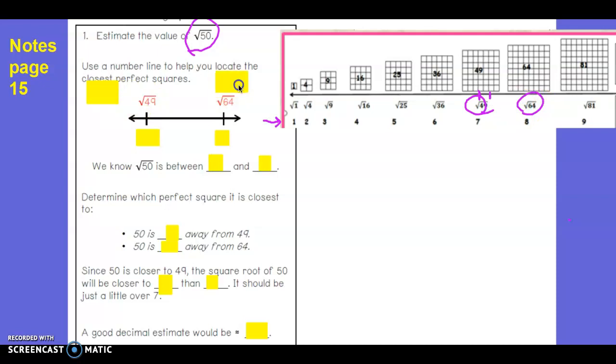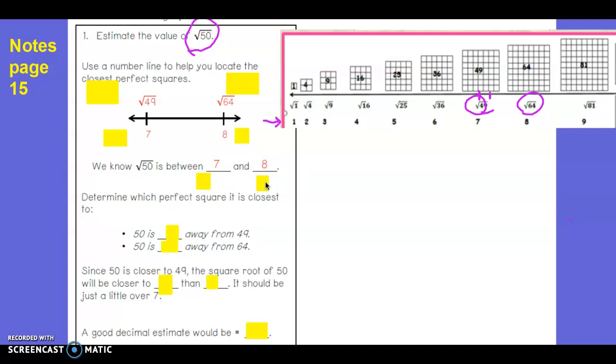So if I have a little number line, I can record that. I know that the square root of 50 is somewhere in between the square root of 49 and the square root of 64. Well, what is the square root of 49? It's 7, and the square root of 64 is 8. So we know the square root of 50 is a number that is in between 7 and 8.